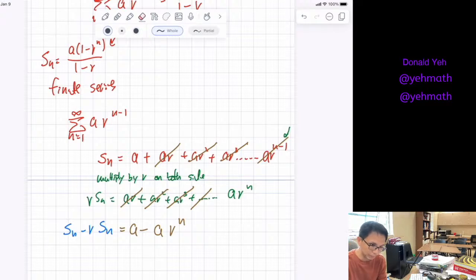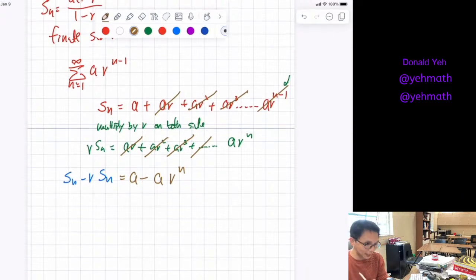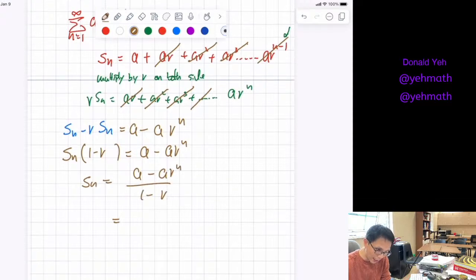Okay. Now I can figure out what Sn is. Factor out, and then you can solve for Sn. And you can even factor out a.